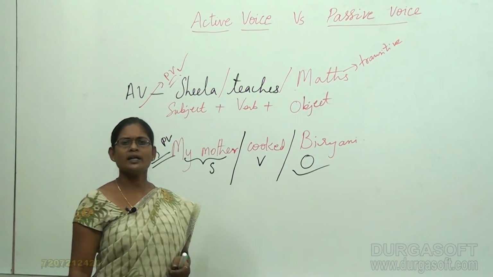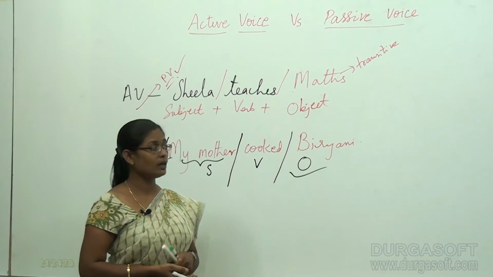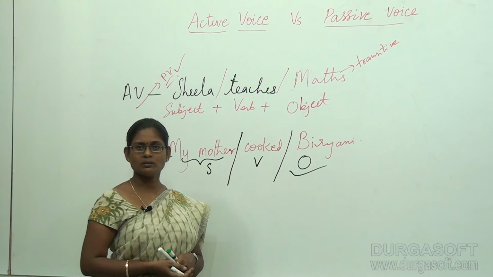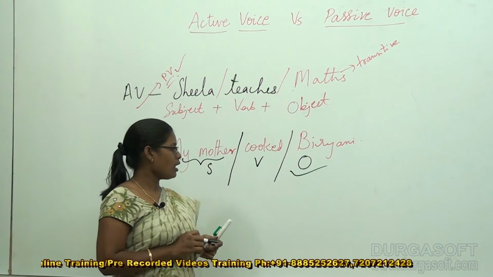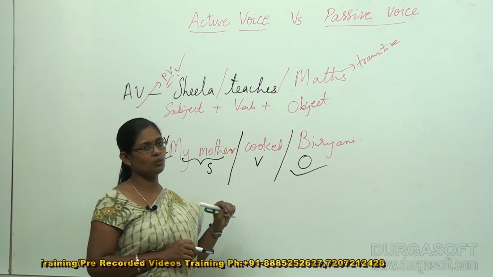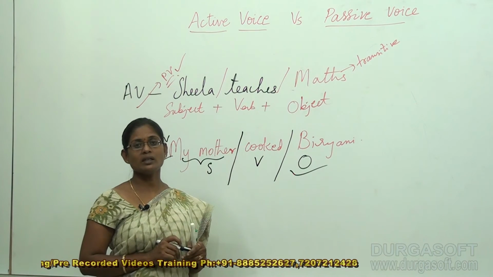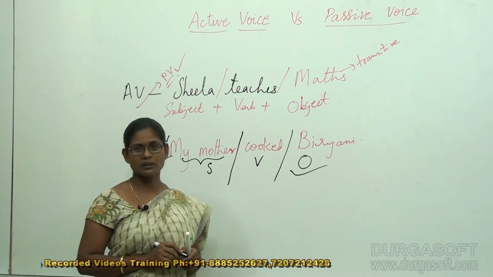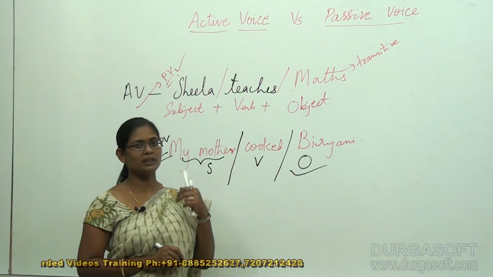What is an object actually? You should identify the object. If you don't know how to identify the object, again this becomes very problematic for us. See, when a noun is followed immediately after a verb, that is called an object. But in some of the sentences there won't be a direct object, for example in the continuous tenses. Again we have some other way to convert that active voice into passive voice.